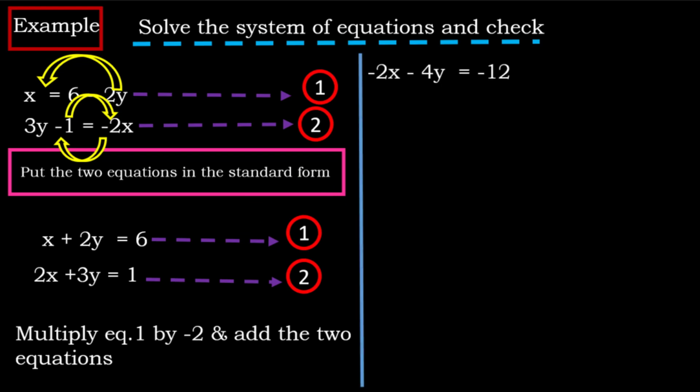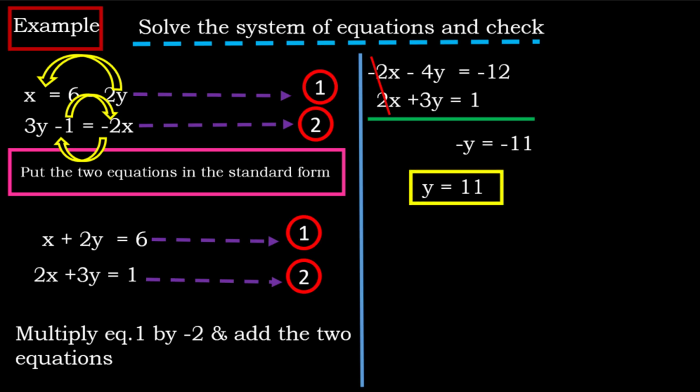Now we can write negative 2x minus 4y equals negative 12 and write the second equation, 2x plus 3y equals 1. By adding, we get rid of the x variable, and negative 4y plus 3y is negative y equals negative 12 plus 1. It will be negative 11. Dividing by negative 1, we will get that y equals 11.